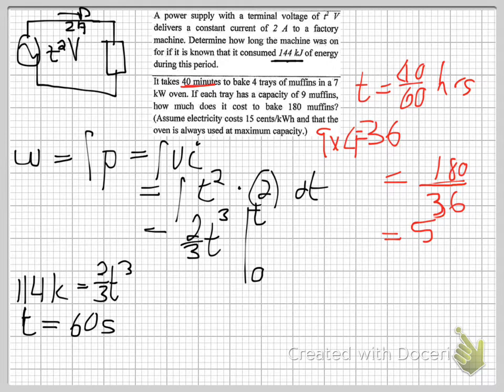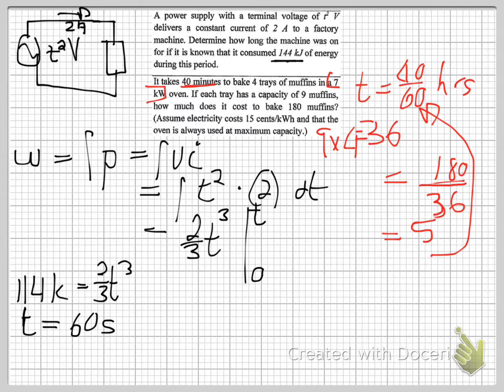By multiplying the number of times you repeat the process by the time, you can calculate the total hours, and then the kilowatt hours come from multiplying by the power of the oven, 7 kilowatts.